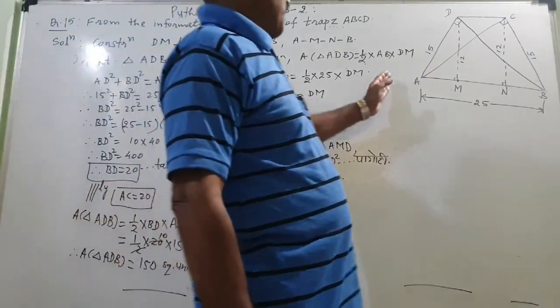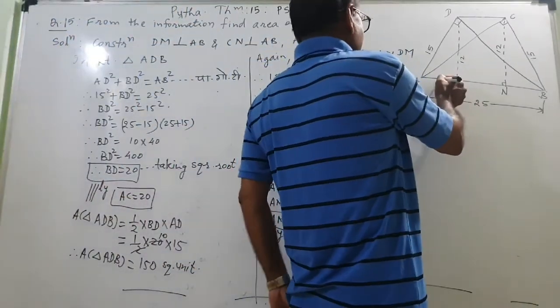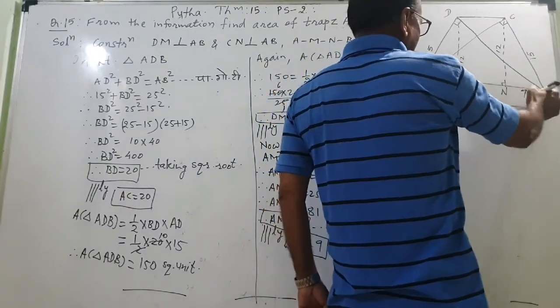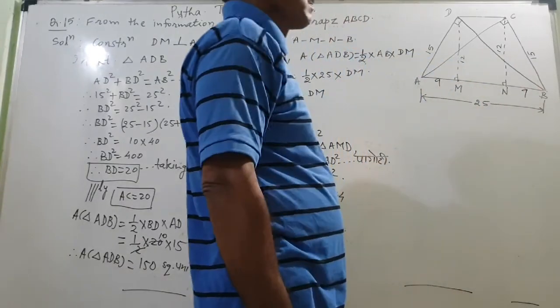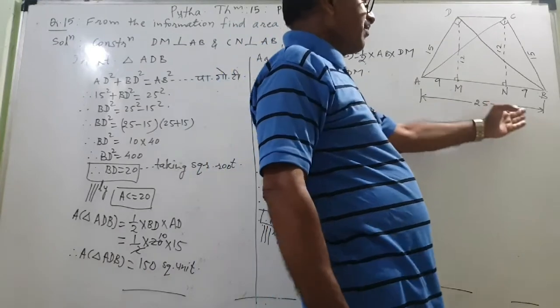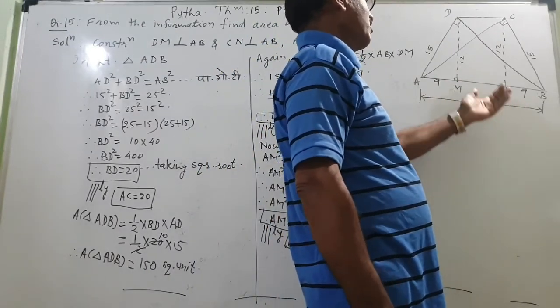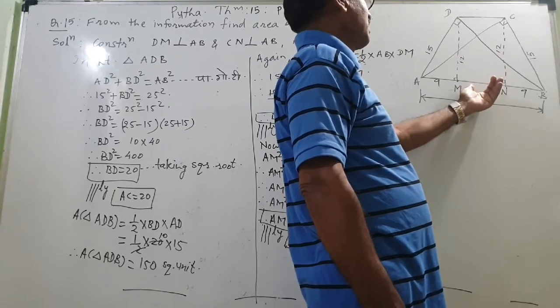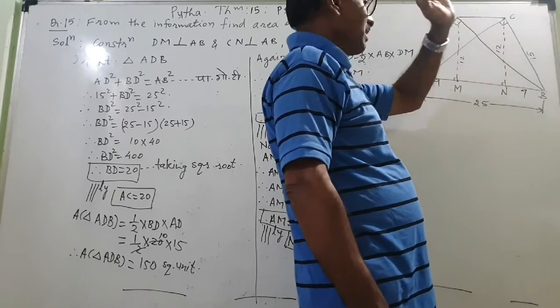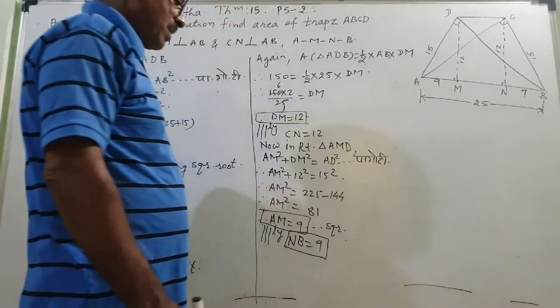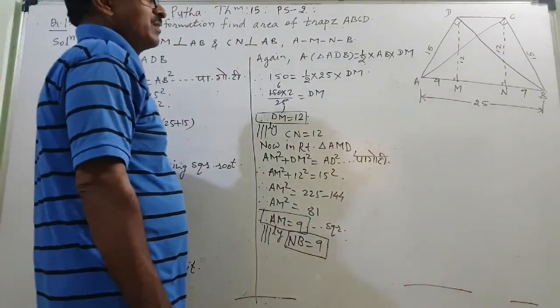Now, this is 9. This is 9. So, this total is 25. 9 plus 9, 18. 25 minus 18 will be 7. This will be 7. But that we have to prove it properly. How it can be 7?